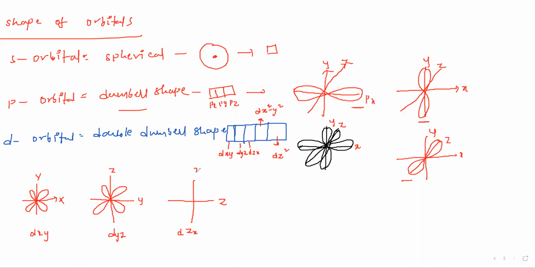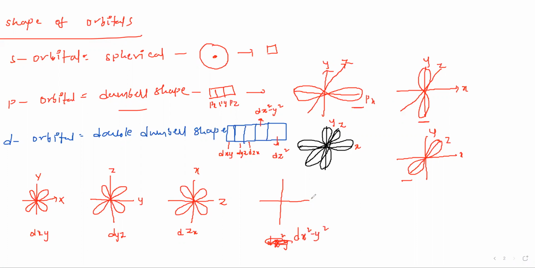Here this is z and here this is x. And next to dx square y square.